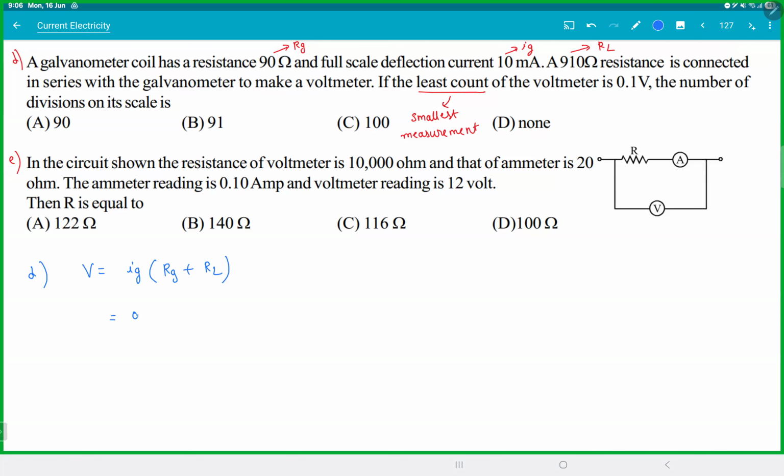IG is 0.01, RG is 90 plus 910. This is 10 volt. You have 10 volts and each division measures 0.1. So just divide them. So the number of divisions will be 10 volt by 0.1, which is 100. What about E?